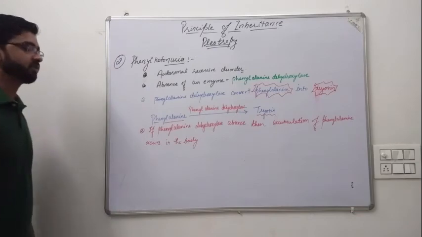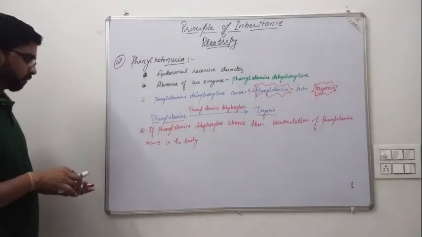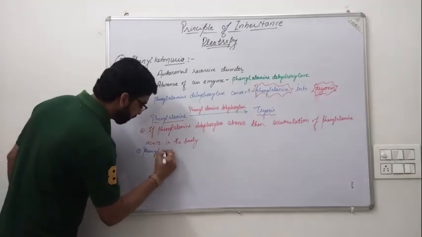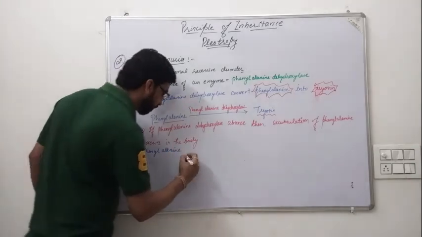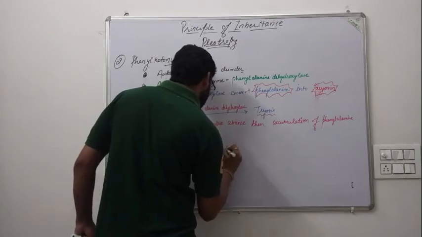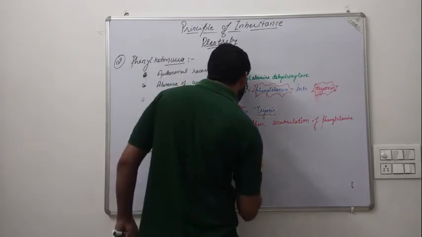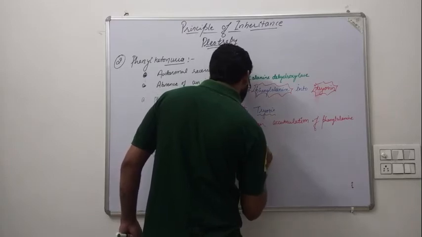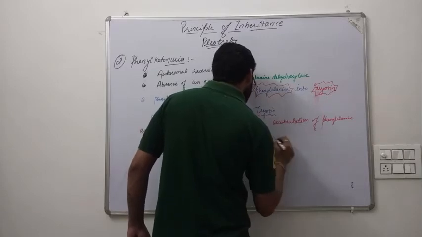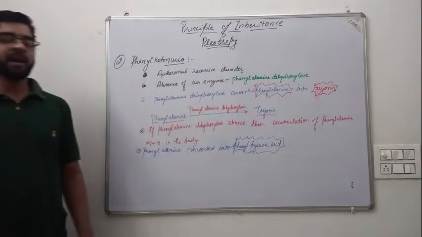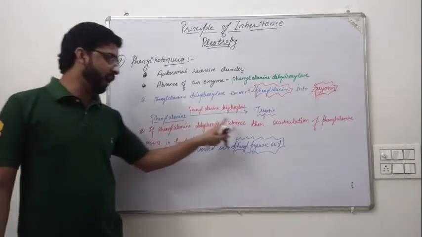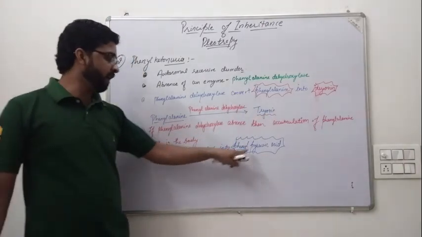When phenylalanine accumulates, it is converted into phenylpyruvic acid.